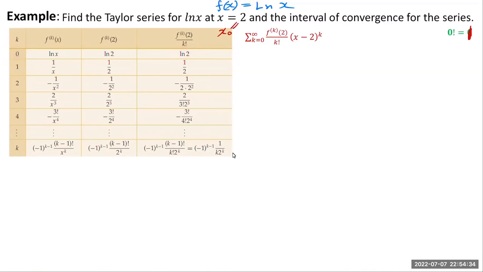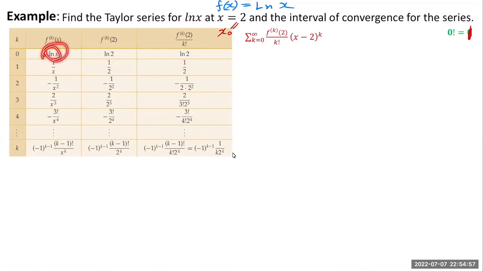Similarly, you calculate this row when k is equal to 1. When k is equal to 1, this is f^(1)(x), which means the derivative of f of x, the first derivative. The first derivative of f of x is 1 over x, because your f of x is ln x.